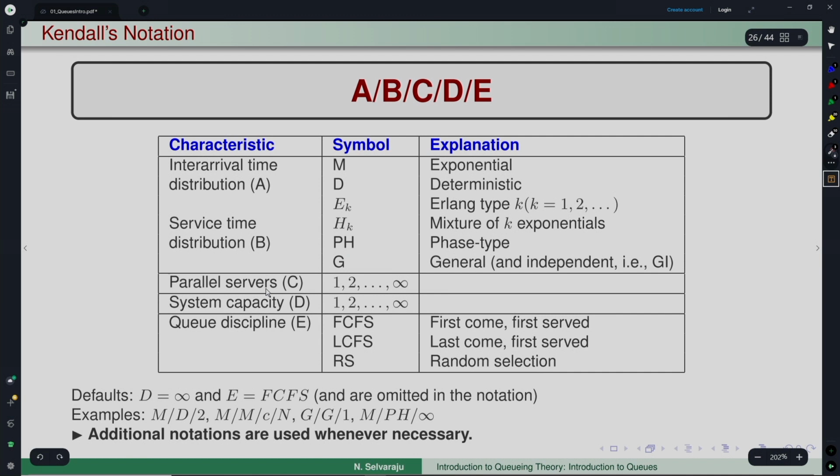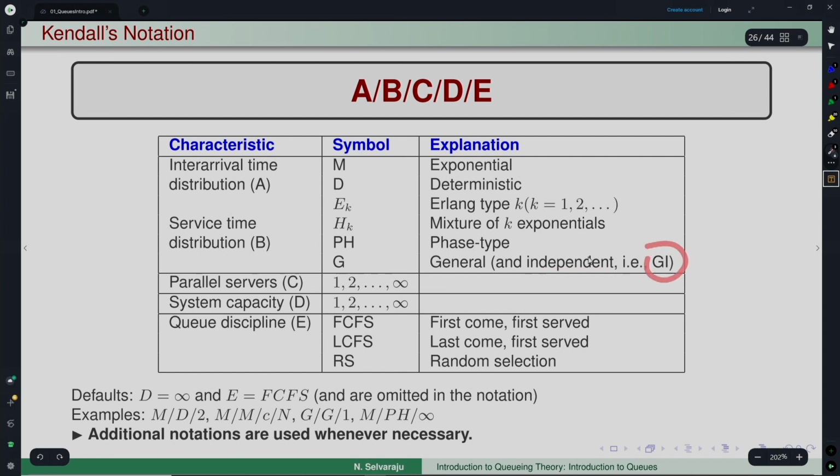Whenever you put G, it could mean anything; in theory it can represent any of these. But when you are not able to represent it by the usually accepted conventional symbols, then you use this G, and this could mean general. We will also take this to be general and independent.